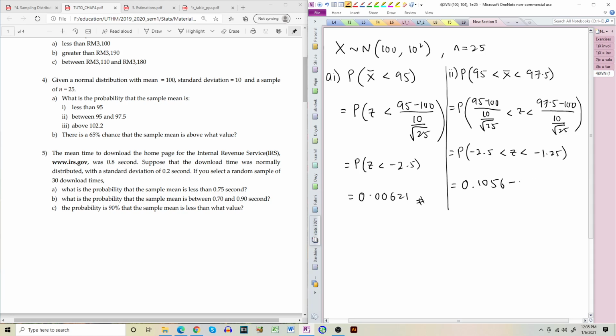0.056 minus 0.00621. Your answer is 0.056 minus 0.09939.